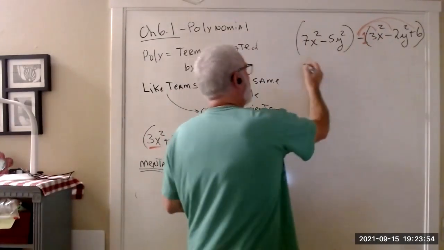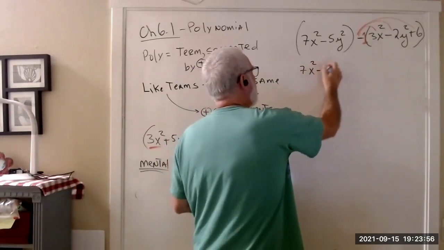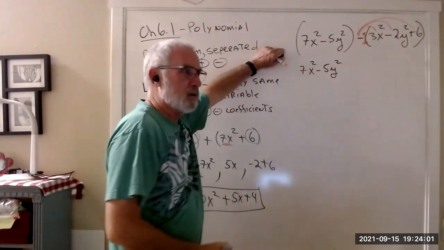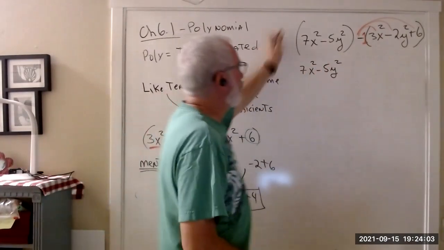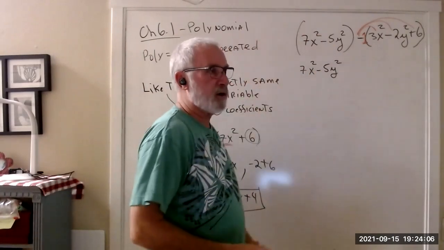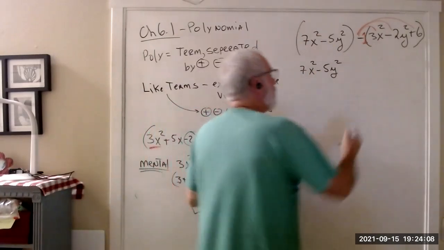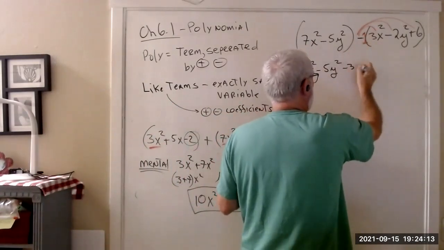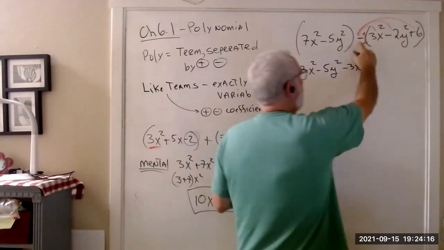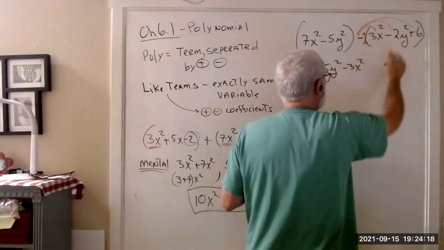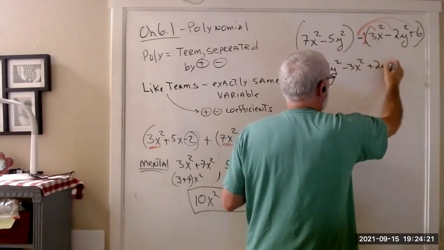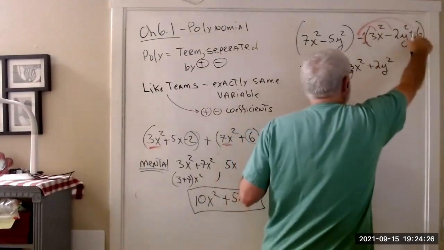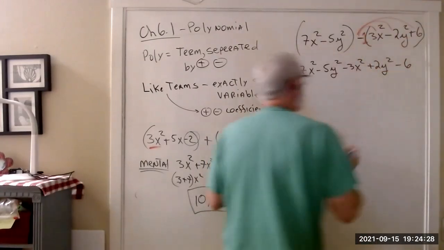So their next step would look like this. They'd say, okay, nothing's happening here, so I can drop the parentheses on this one. It's not being multiplied by anybody. They just were there to look pretty. I don't need them. But if I distribute the minus sign, minus times 3x squared is minus 3x squared. Minus times -2 is plus 2y squared. And minus times 6 is -6.